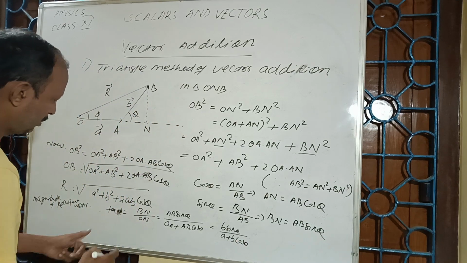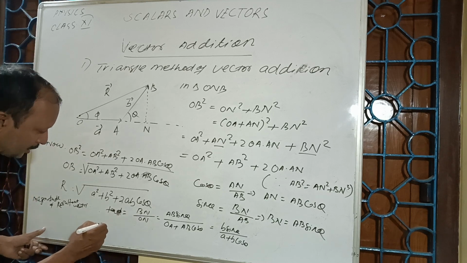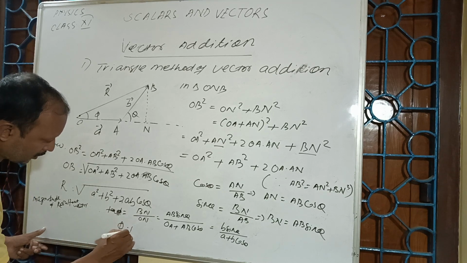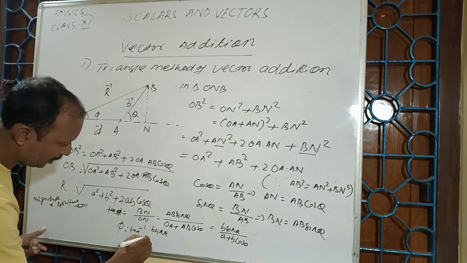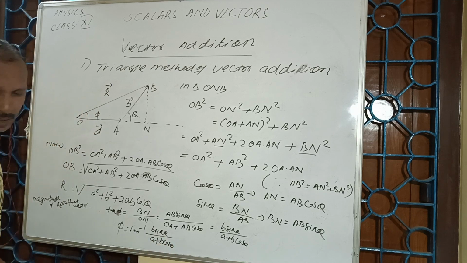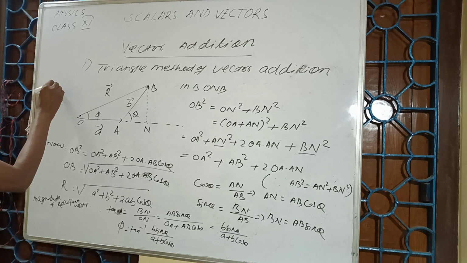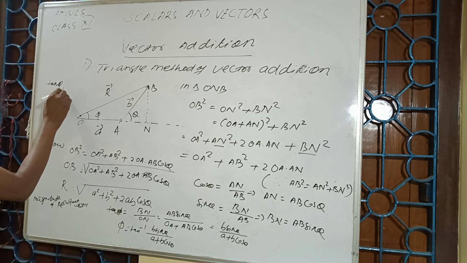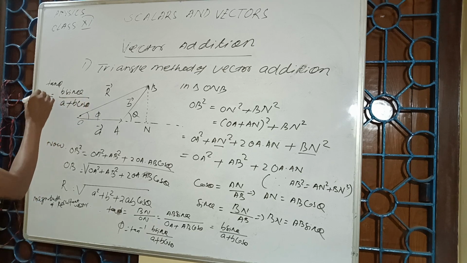This is the direction. So if I wish, I can mention it: phi is equal to tan inverse of B sin theta divided by A plus B cos theta. Once again, tan phi we got is B sin theta divided by A plus B cos theta.